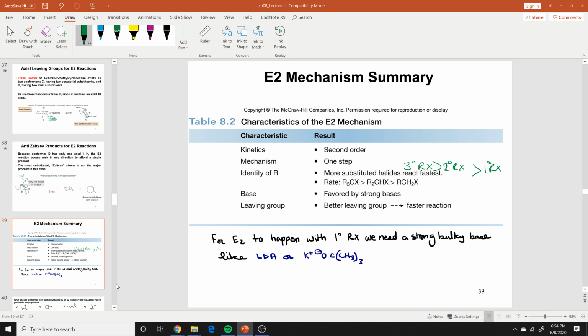If you want E2 to happen with tertiary and secondary, you can use small bases or bulky bases. It doesn't matter; any type of strong base works. If you want E2 to happen with primary, you have to use a bulky base, like LDA or potassium tertiary butoxide. This is the only way that E2 happens with a primary alkyl halide.